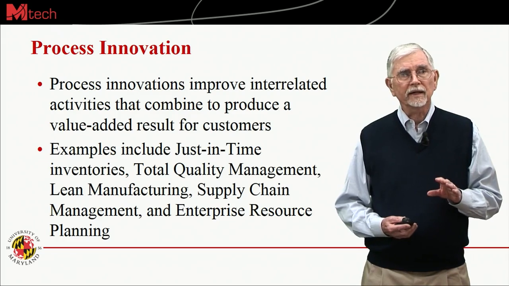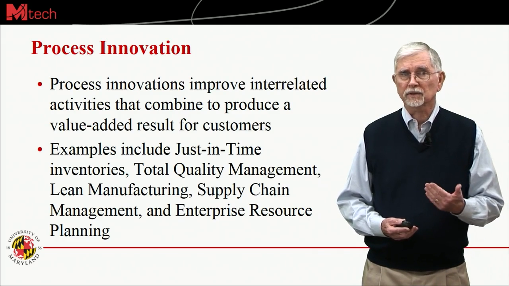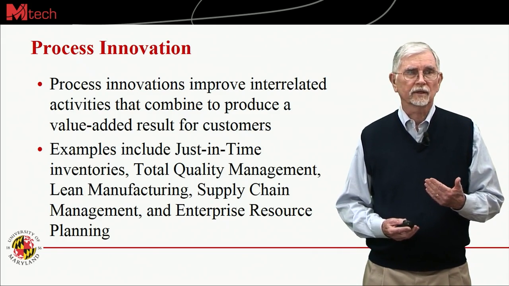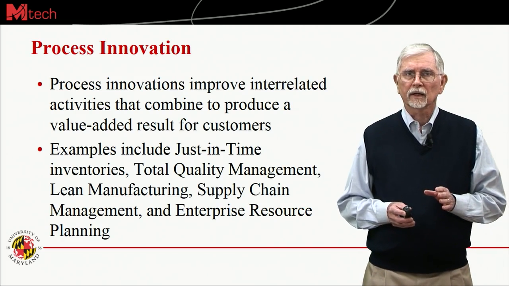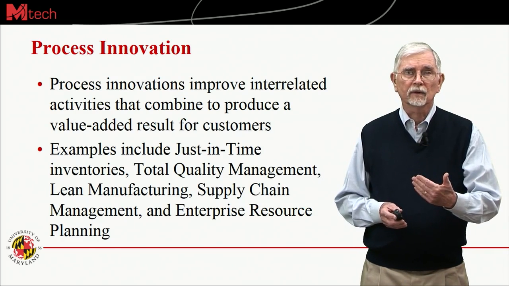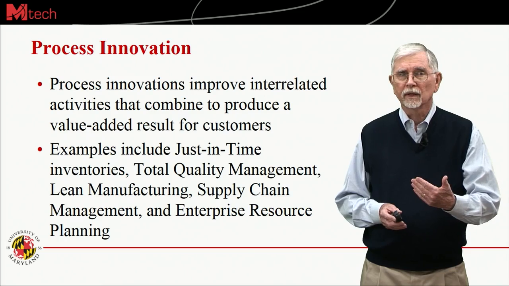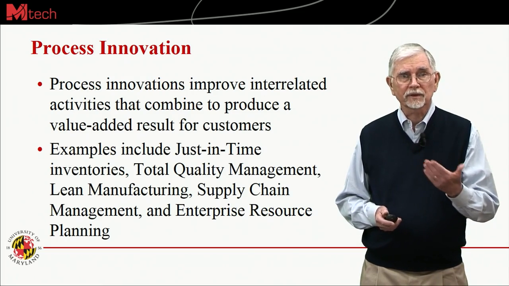A process innovation is another example of an innovation type, and they typically improve activities, often interrelated activities, that combine to produce a value-added result for customers. That may mean the way in which something is done inside of a company, like the HR process for how a company runs its HR department, might lead to an improvement in the way it operates. That would be a process innovation.